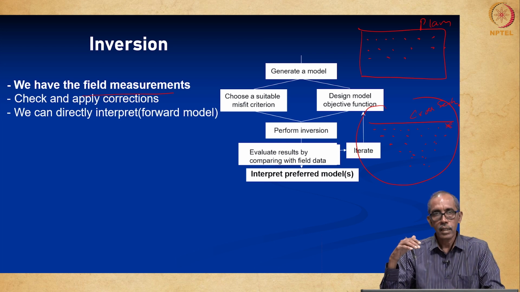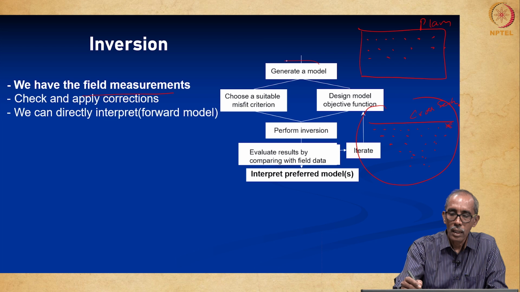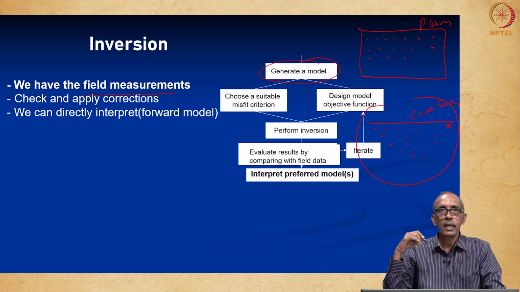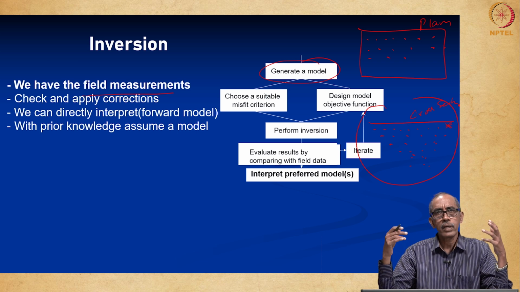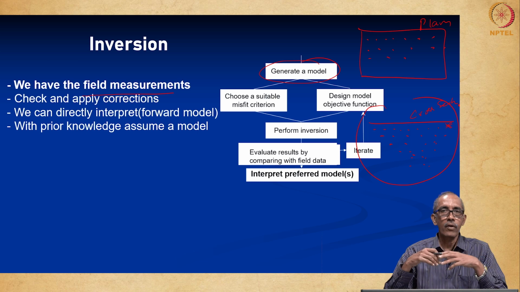Whereas, in inversion, what we are going to do is generate a model with prior knowledge of the site. We need to have some prior knowledge about the site. That means, you are carrying out the survey on the surface, so you know whether it is a sedimentary formation or a weathered rock formation.